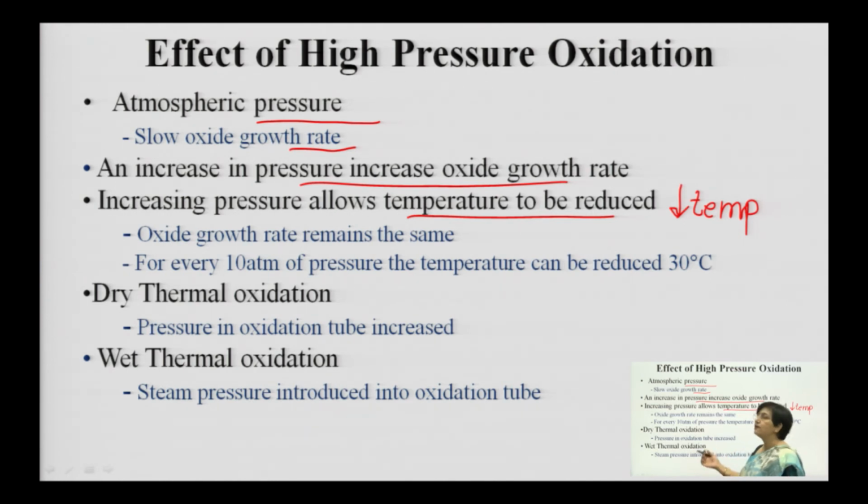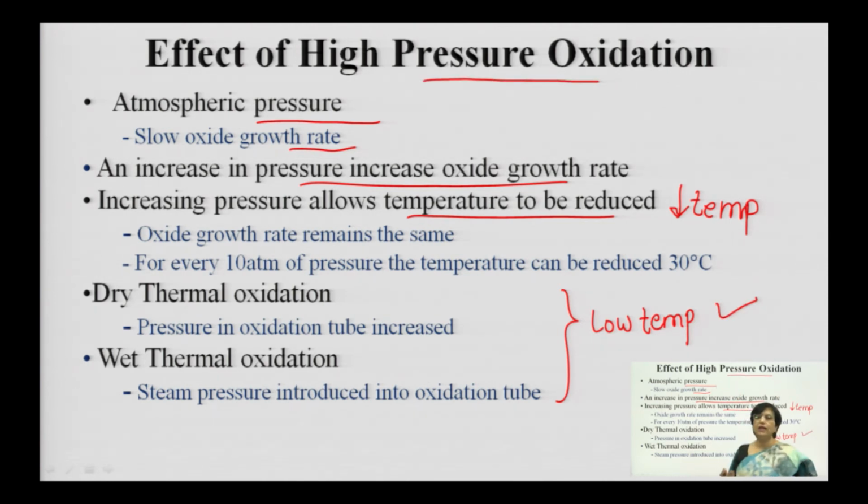But there are some occasions where you need low temperature oxidation, and therefore we can explore this impact, that is, you can elevate the pressure and carry out the oxidation process. So, this is one of the methods or impacts on the oxidation rate which can be explored.